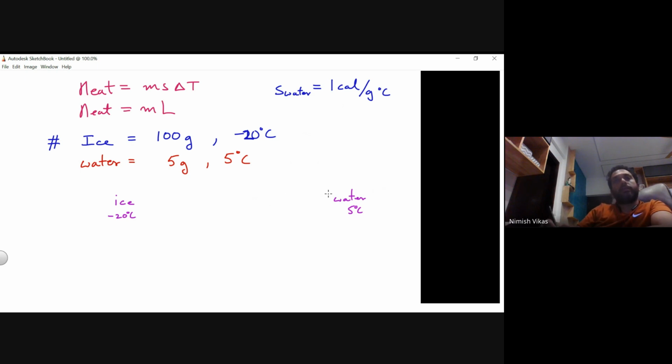Is that clear? Water is going to give the heat to ice. So heat taken by ice is heat lost by water, right? So ultimately you have to write an equation like heat is equal to heat. But you'll be able to write it only if you have a picture of what the ultimate temperature is.